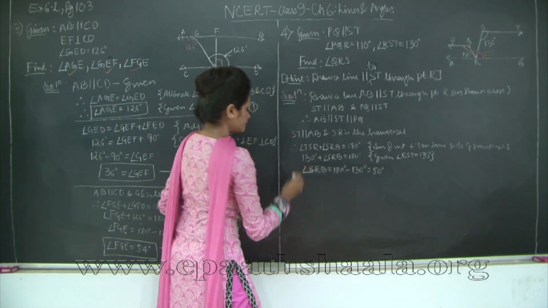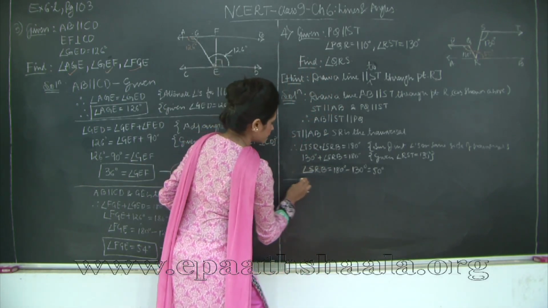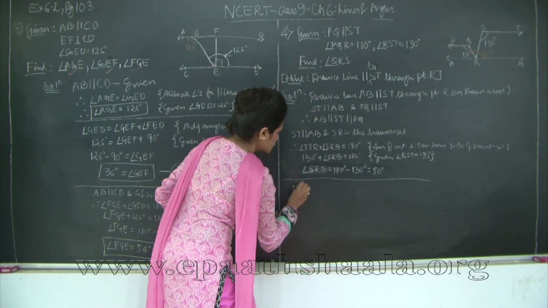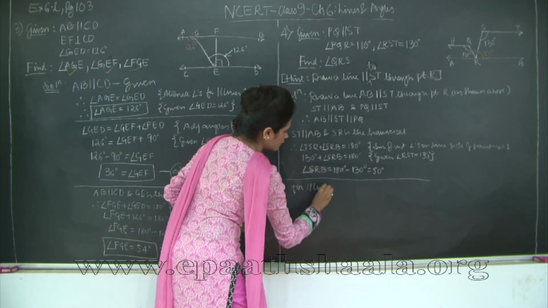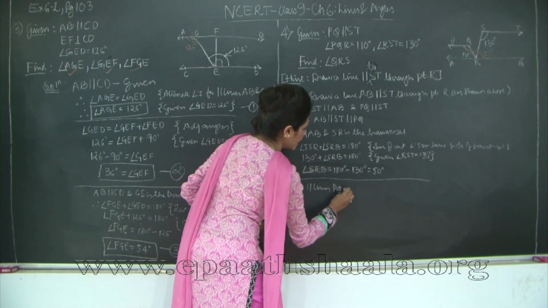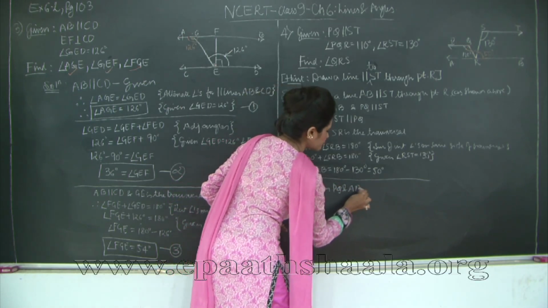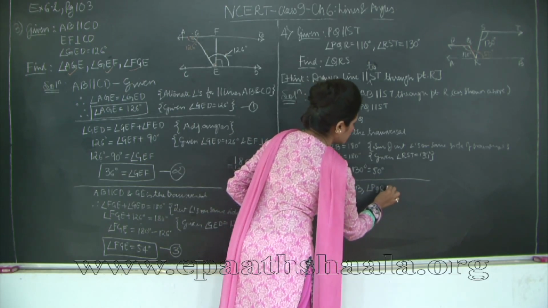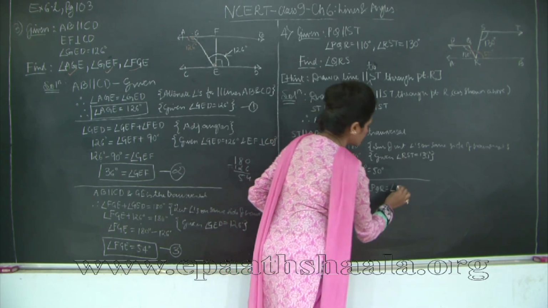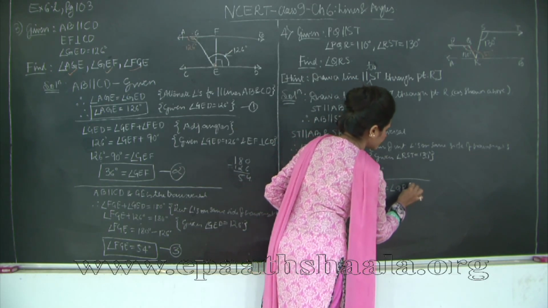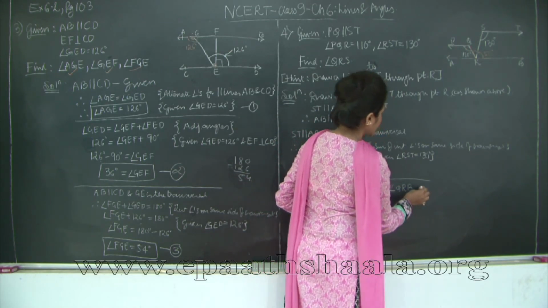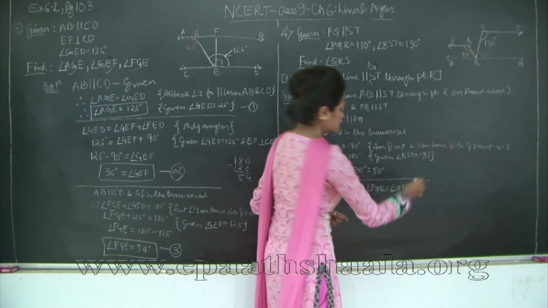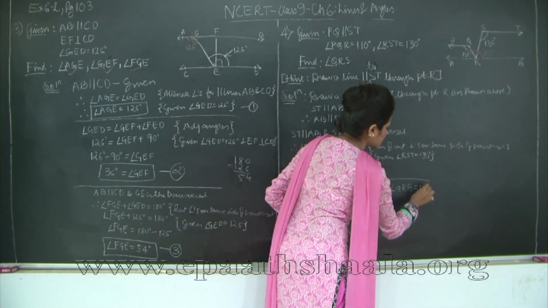Let's write this down. For parallel lines PQ and AB, I have angle PQR equal to angle QRB, correct? And we have been given that angle PQR is equal to 110 degrees, correct?